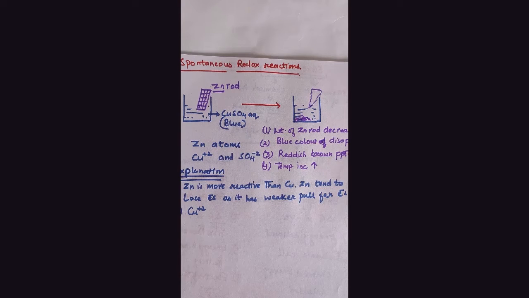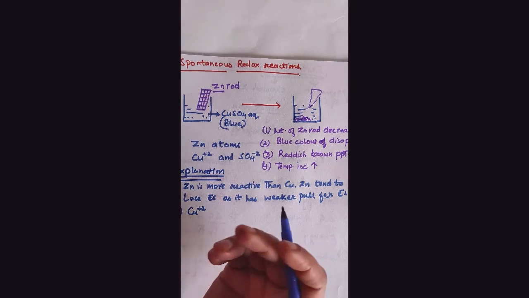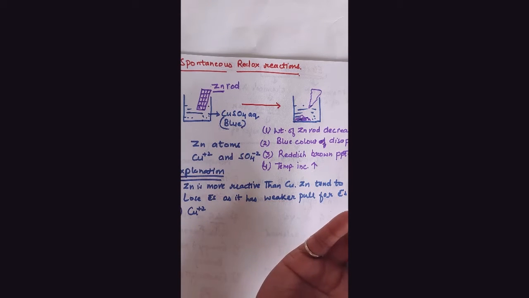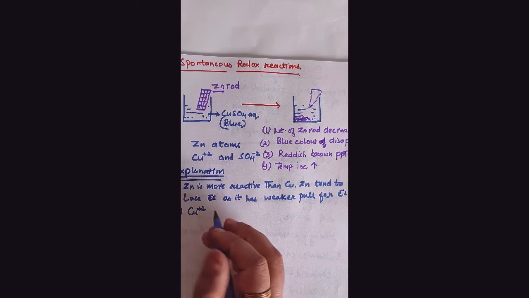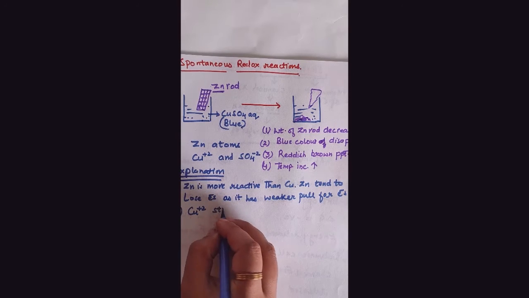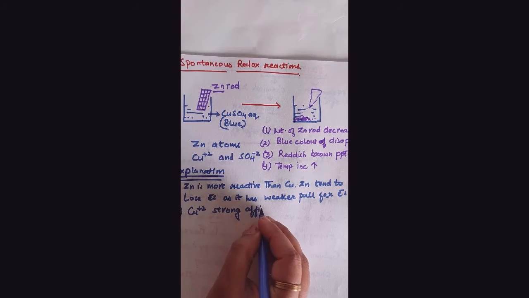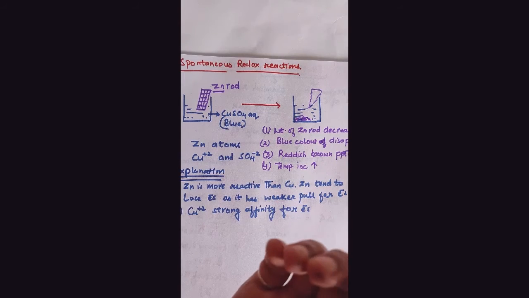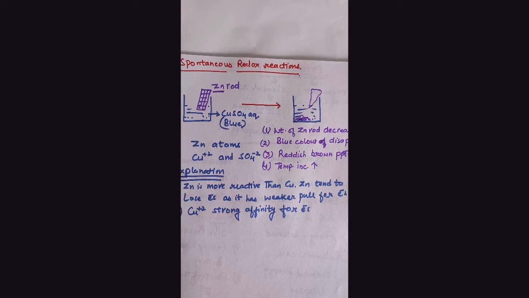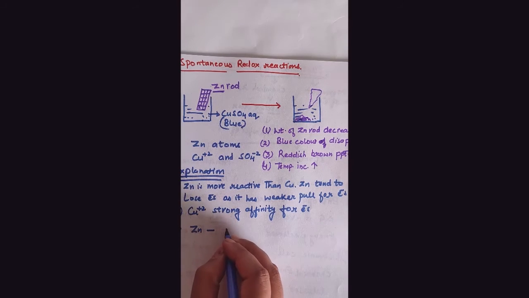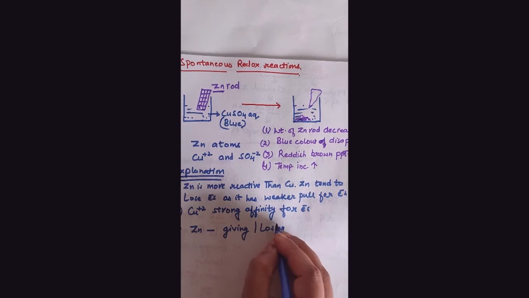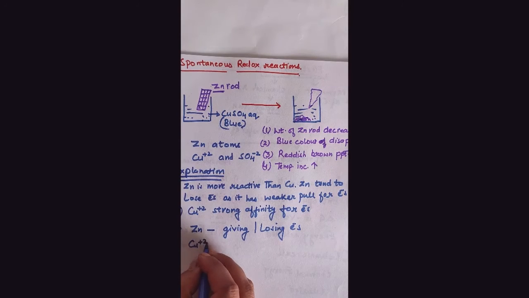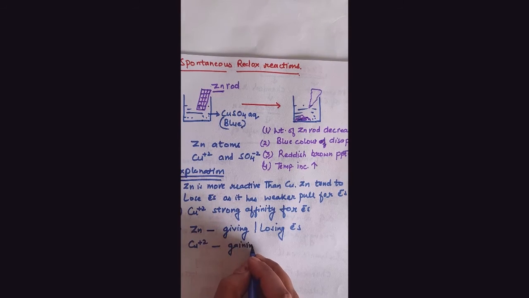So copper plus 2 ions will have a strong affinity for electrons, so they will try to pull the electrons toward themselves. So in actuality, zinc is giving its electrons, or we can say losing electrons, and copper plus 2 is gaining electrons.